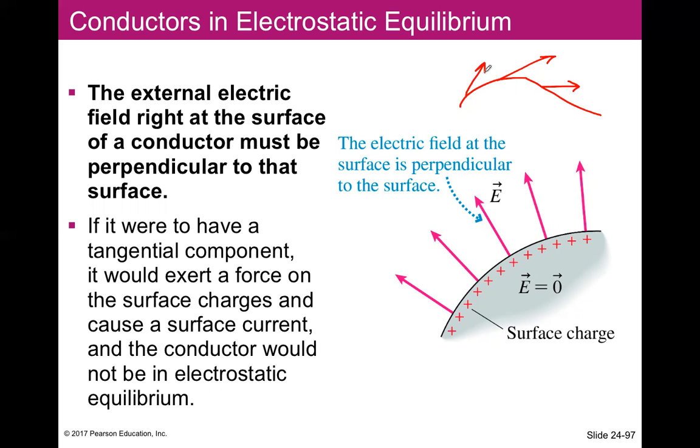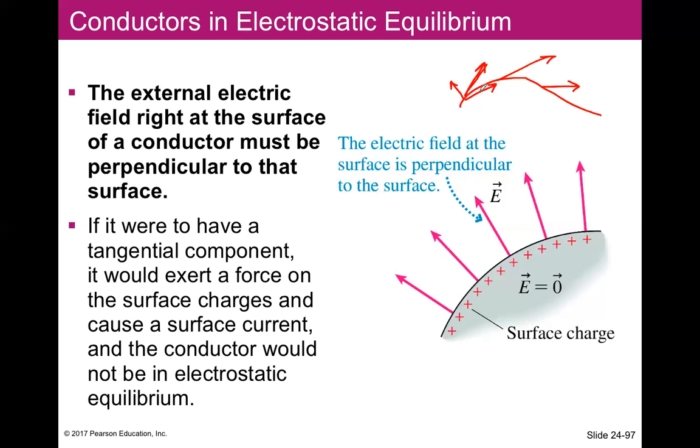If it's not perpendicular, what happens? They will move. They will not be in equilibrium, right? For example, if E is in this direction, then you can decompose it into two components, perpendicular and along the surface.